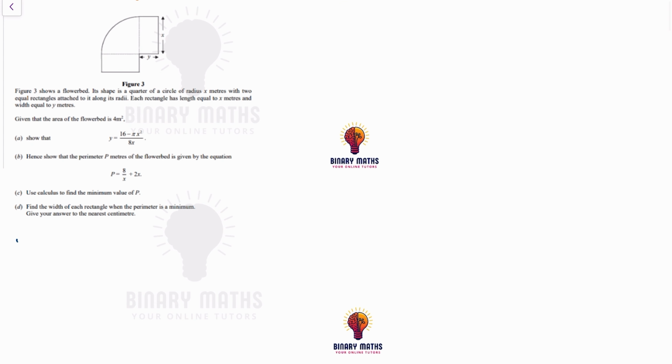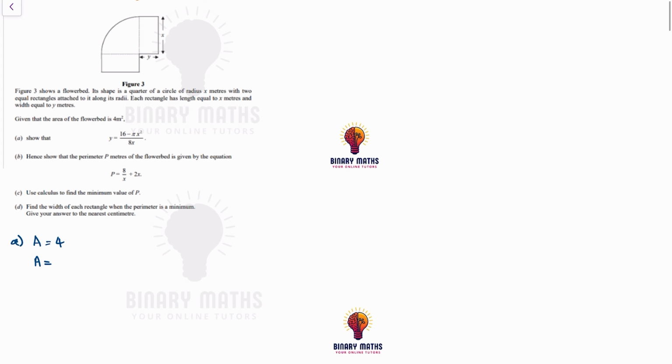start off here. So A is equal to 4. That's the first thing we know. Show that y is equal to that. So if I were to work out the area another way using formulas, then I know it's the area of all the different parts.